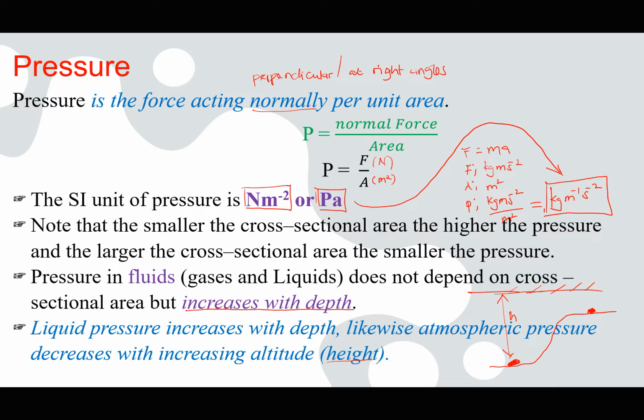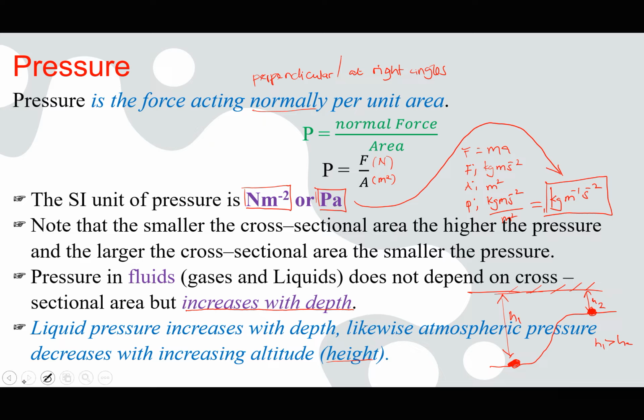The atmospheric pressure at this point is due to the air column above this point, which means the H here is smaller. So if this is H1 and H2, you see that H1 is greater than H2. So atmospheric pressure at this point here is lower than atmospheric pressure at this point here. That's why we say atmospheric pressure decreases with increasing altitude or height above sea level.